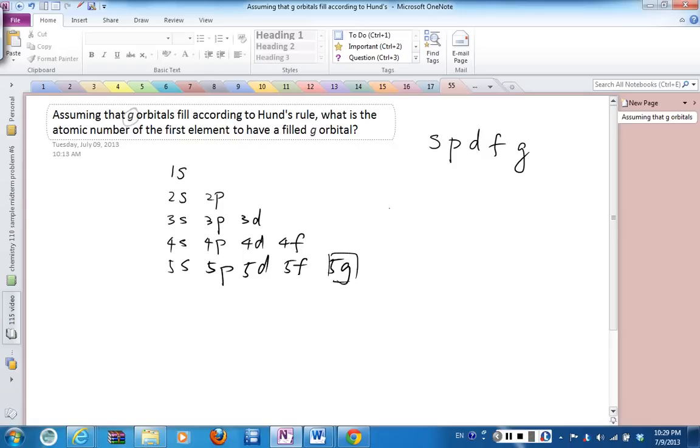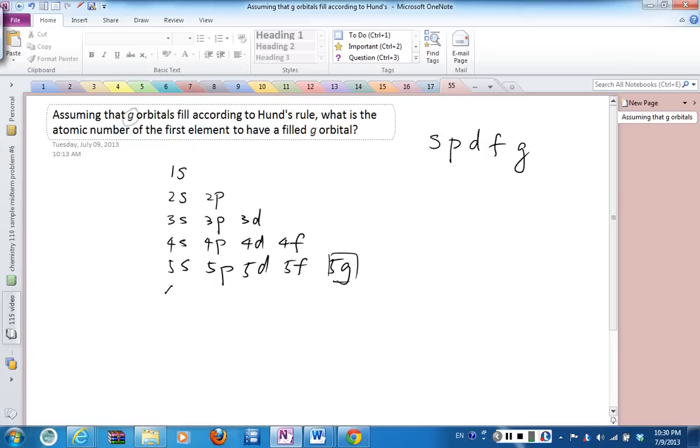When we get here and fill all the way up, we would be good. But again, the electrons don't fill the orbitals according to the shell numbers. It has a more complicated way.